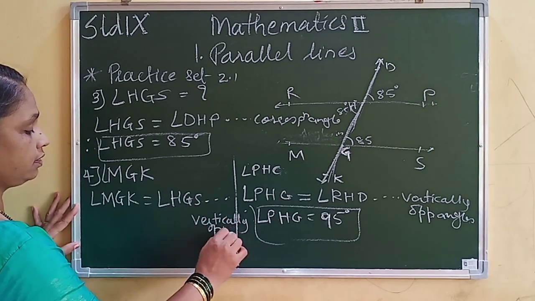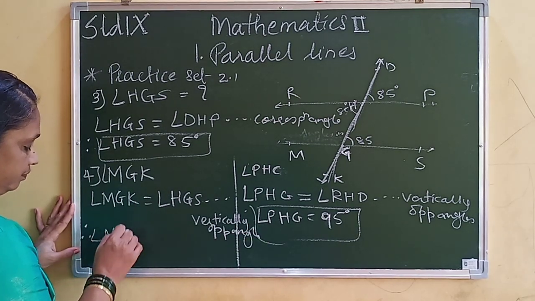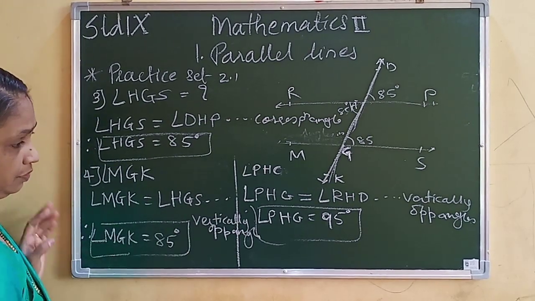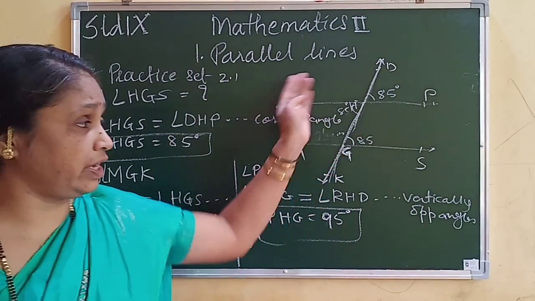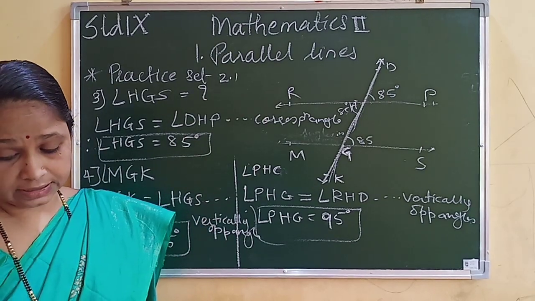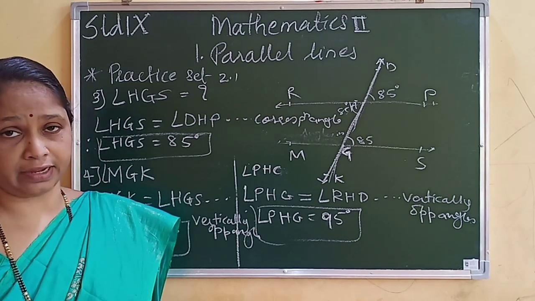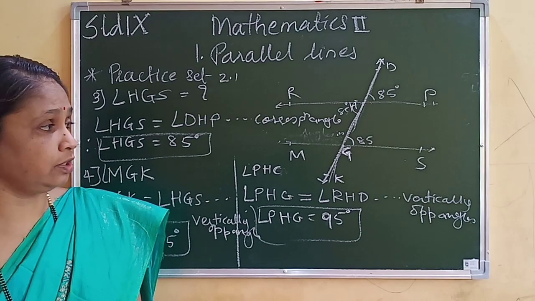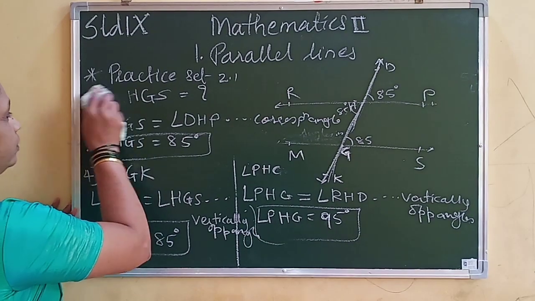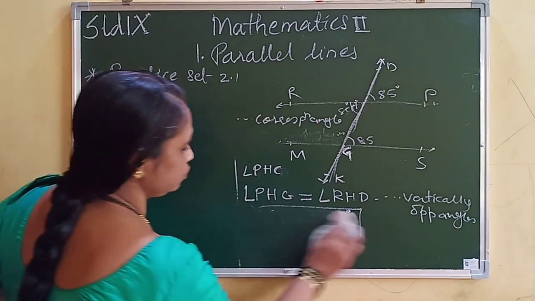Okay, so therefore angle MGK is equal to 85 degree. Now see, in this way considering one angle we have got all the remaining angles. Now the same type of question you have in practice set 2.1, that is question number 5. That is also the same, you have to solve. After this example we will see question number 5 directly, so that it will be easy for you to understand and to solve also.